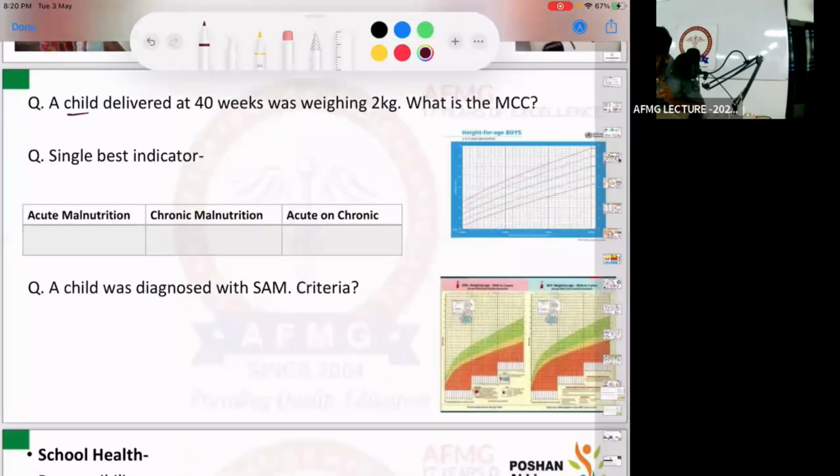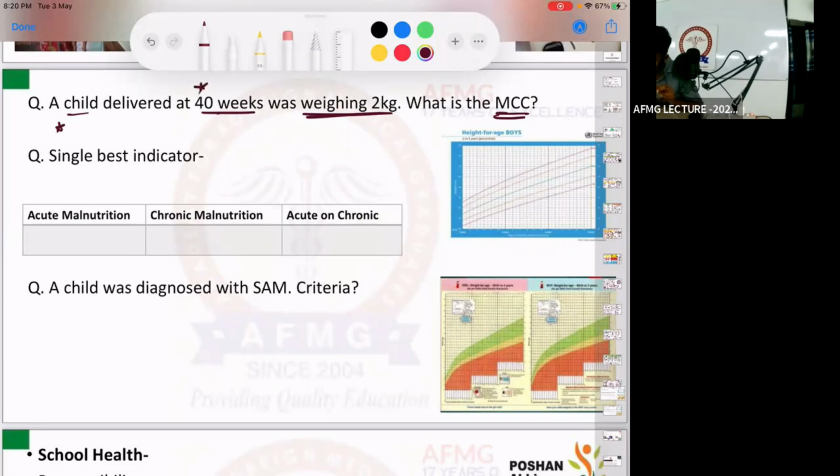Then a child delivered at 40 weeks was weighing 2 kg. What is the most common cause? So 2 kg means it is classified as moderately low birth weight. But here the child is not preterm, not born before 37 weeks or 34 weeks.